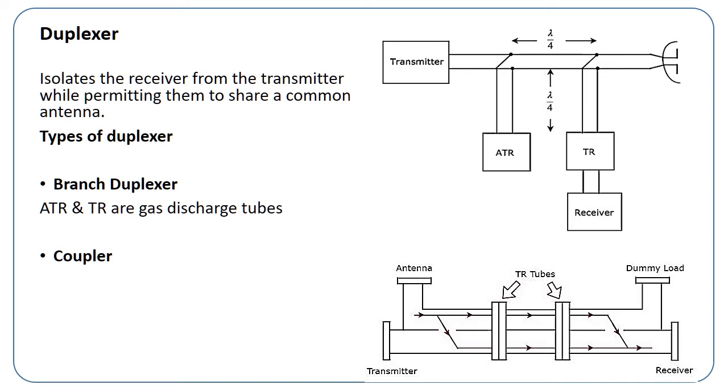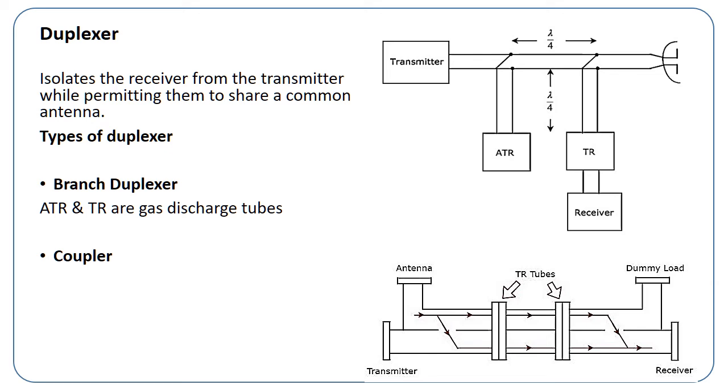When the transmitter is in off state, TR and ATR tubes do not fire. ATR will function as a short circuit across the transmission line, hence effectively isolating the transmitter from the receiver. So the echo signal will directly reach the receiver. Advantage of branch duplexer is that it has low cost.